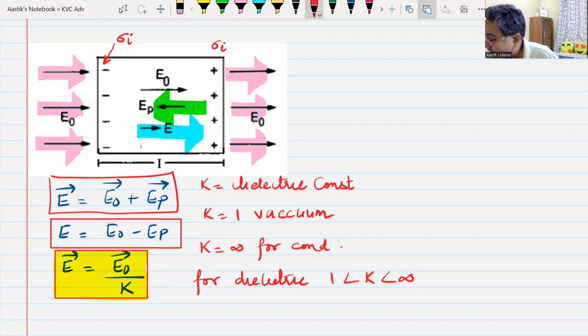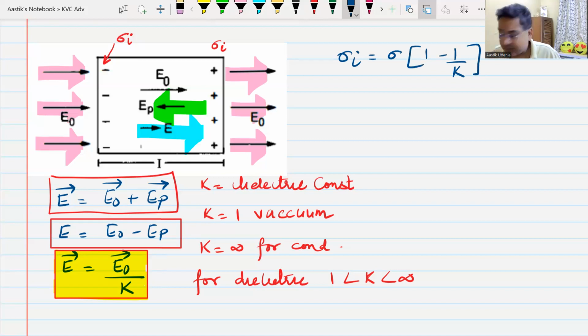Also, the next formula that you have to remember is this induced charge density sigma I in terms of the original charge density, and you can remember it like this: sigma into 1 minus 1 by K. We will be using this formula in questions on capacitors.